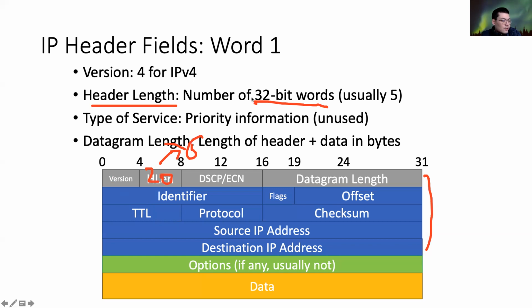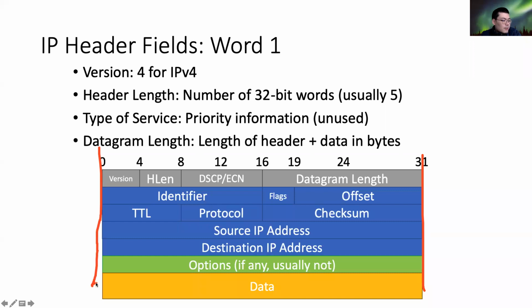It's a unit of 4 bytes. And because of this, when we plot our IP header, the whole datagram, we use a fixed width. Everything is in the unit of 4 bytes, 32 bits.